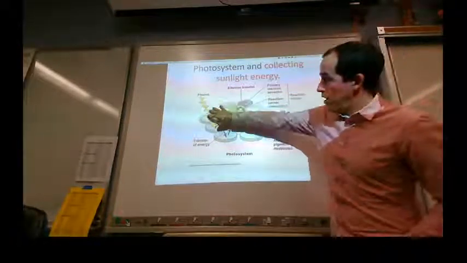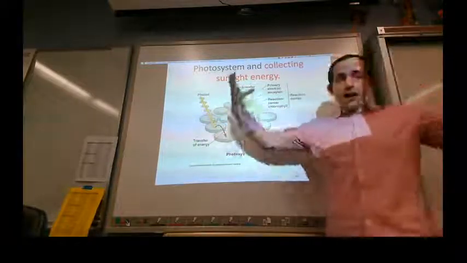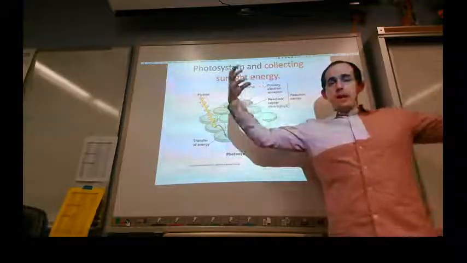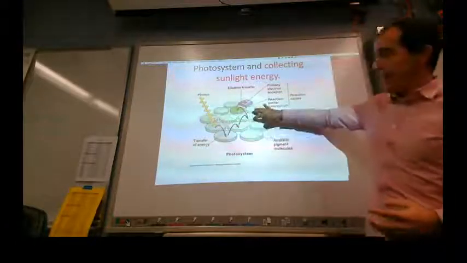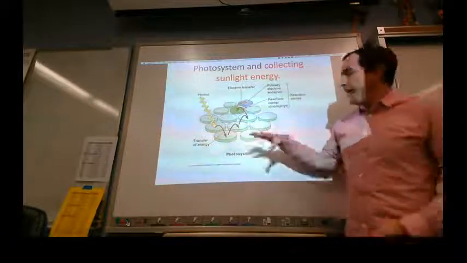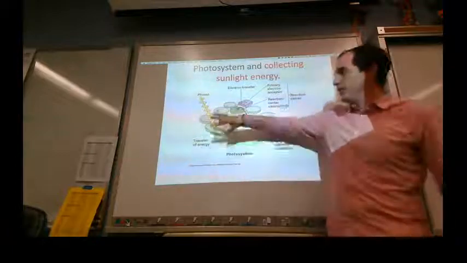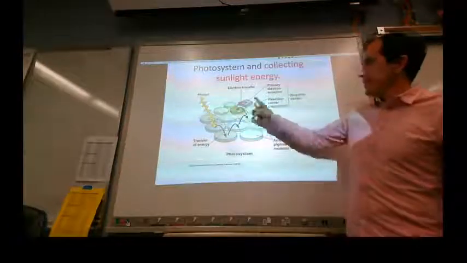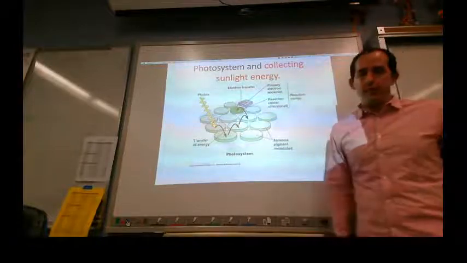So all of these molecules around the outside, their job is to absorb as much energy as possible. As they absorb that energy, those electrons are going to become excited, and they're basically going to move from molecule to molecule until those electrons get to this reaction center, this primary chlorophyll molecule.